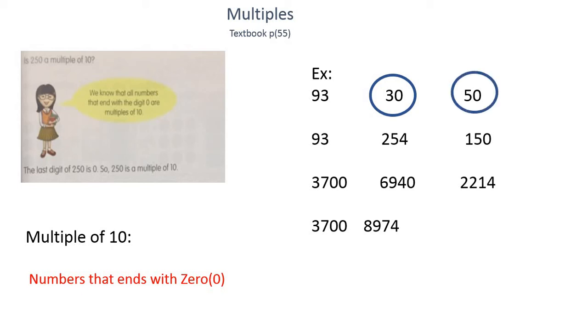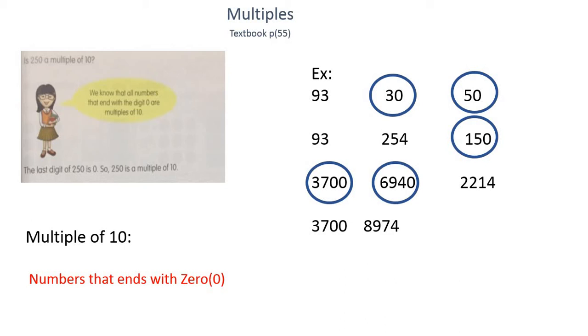Here 93, it's the same, no. 254, it's not. 150, yes, it's a multiple of 10. 3700, it is a multiple of 10 because it ends with 0. 6940, it's a multiple of 10. Here, circle it, because it ends with 0. 2214, it's not, we will not circle it.